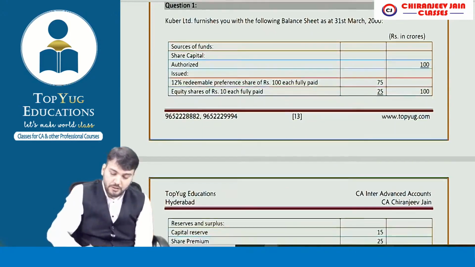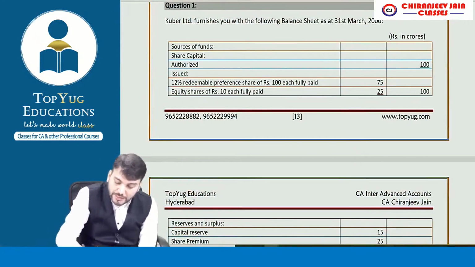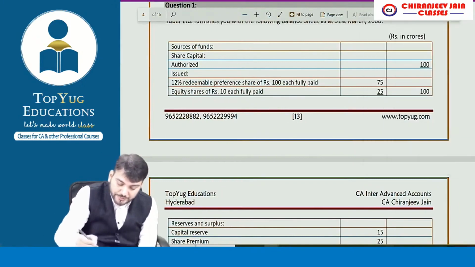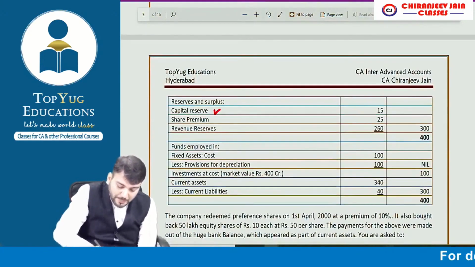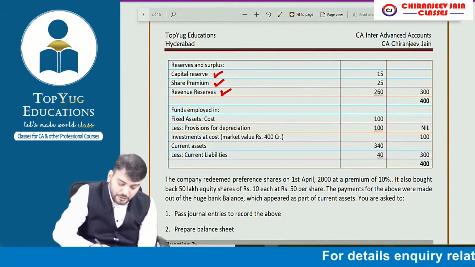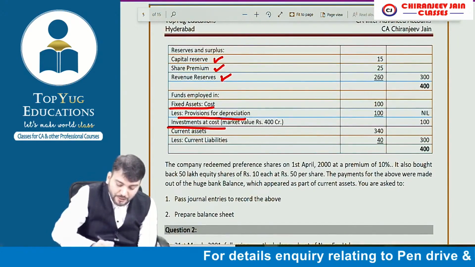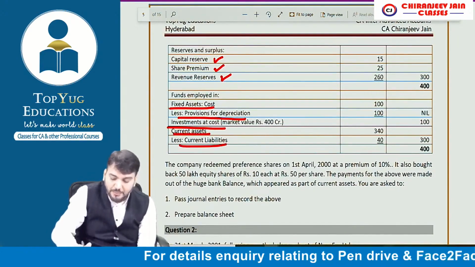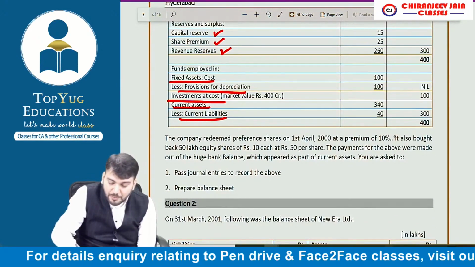You can see sources of funds, share capital, authorized, issued: 12% redeemable preference shares 75, equity shares 25 crore. Then they have given capital reserve, securities premium, revenue reserve. Then funds employed in fixed assets less provision for depreciation, investment at cost, current assets less current liabilities. The company redeemed preference shares on 1st April 2000 at a premium of 10%.